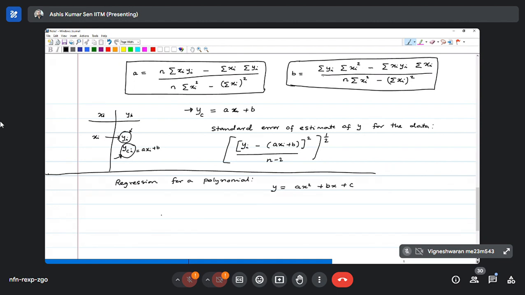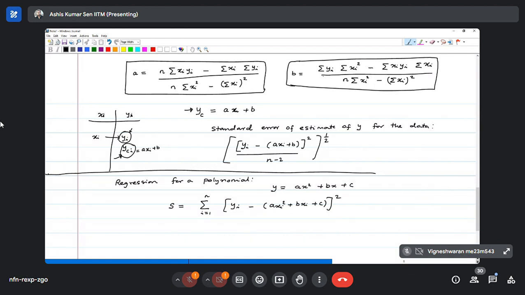So similar to the previous case, you basically find the sum of squares of error, that is the sum from i equal to 1 to n of yi minus axi square plus bxi plus c, whole square.